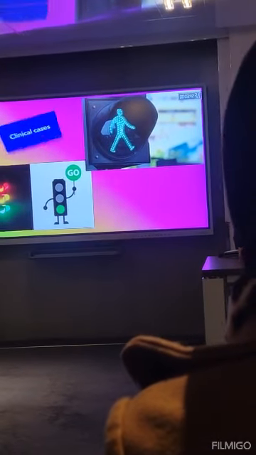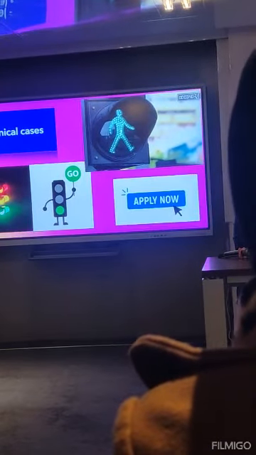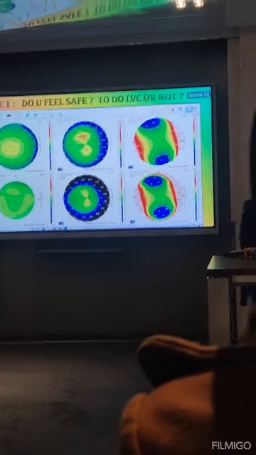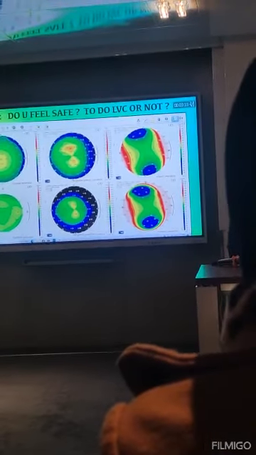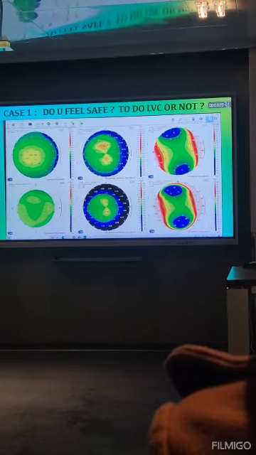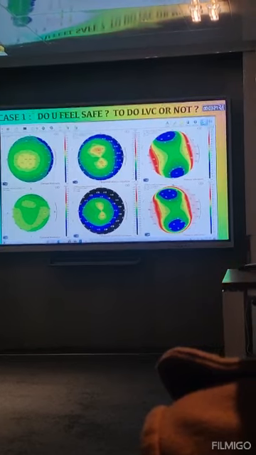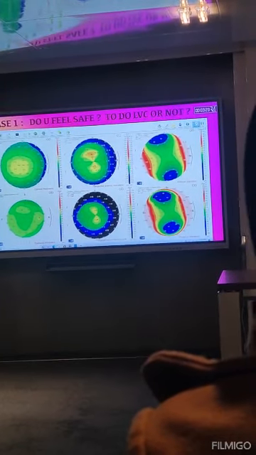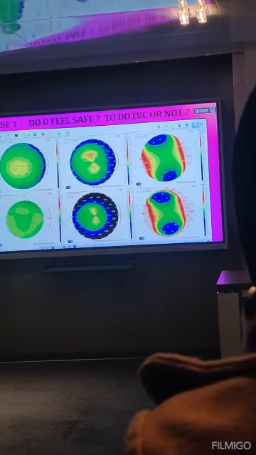Let's go directly to the clinical cases from our center to know how we dealt with them. Case one: do you feel safe to do laser vision correction for this patient? This is corneal thickness, it's a thin cornea.